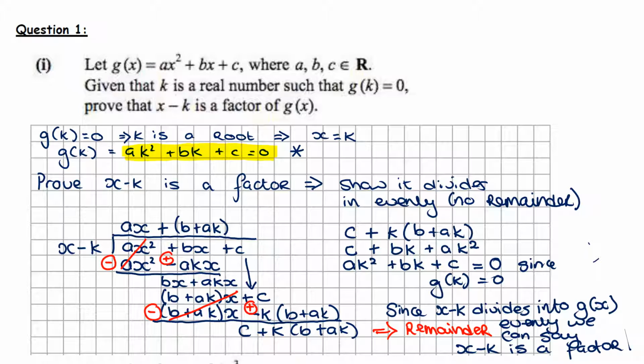And I think this is a really good one to see, because the idea that x equals k being a root and going straight then into saying, well, then we have a factor.